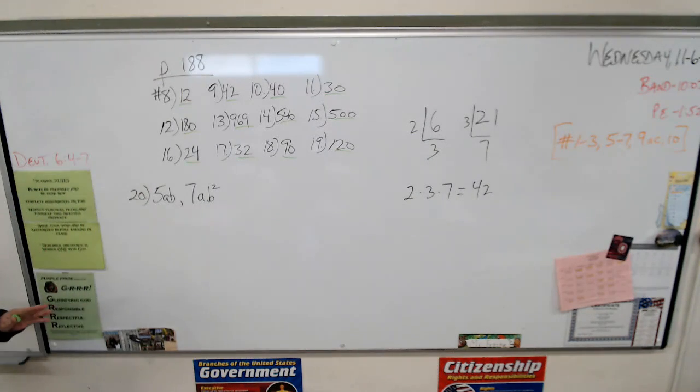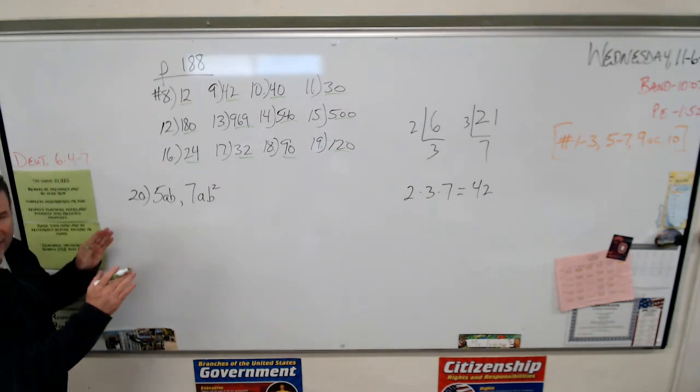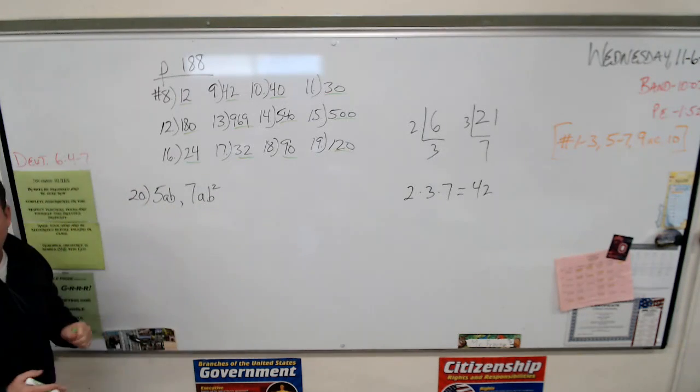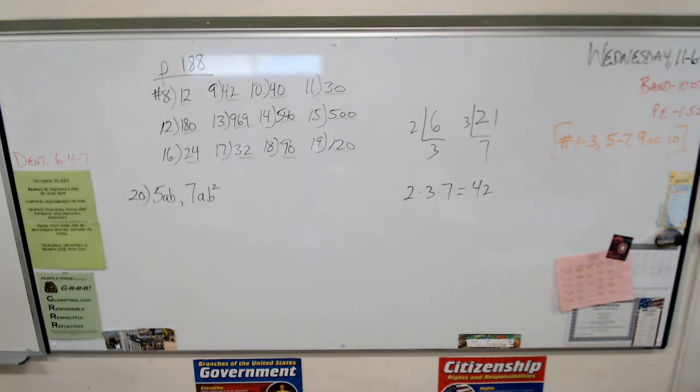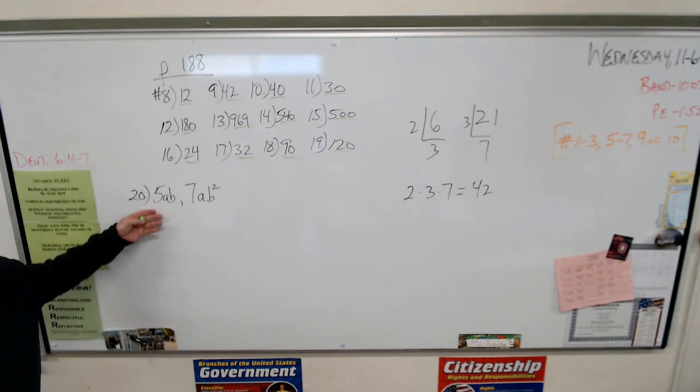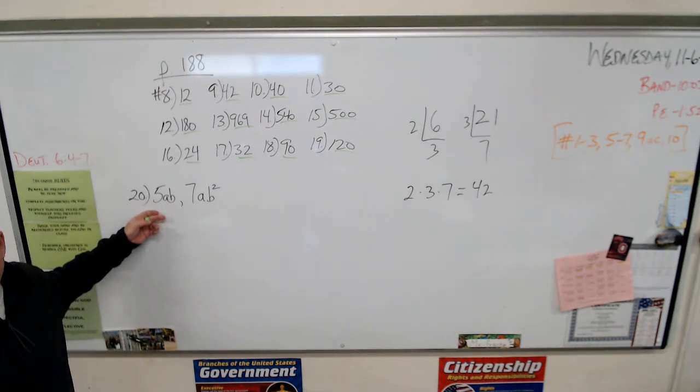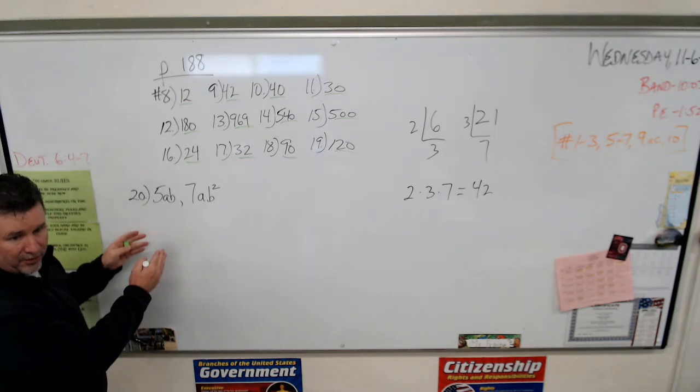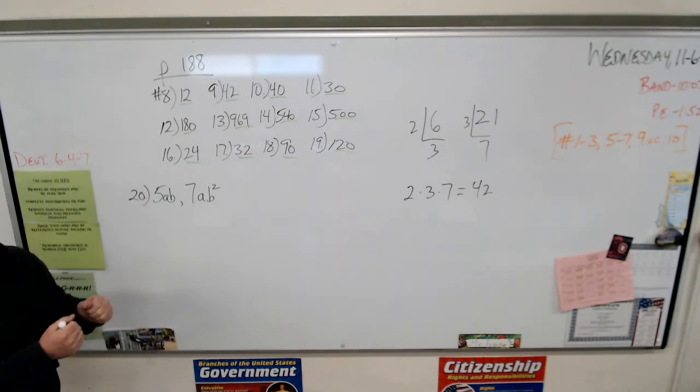She's going to look just at the constants, the 5 and the 7, and figure out the least common multiple for 5 and 7. So she's going to multiply 5 times 7, and that's going to be that part of the least common multiple.